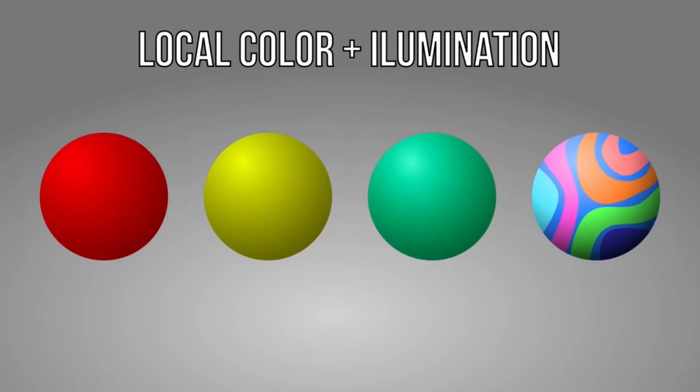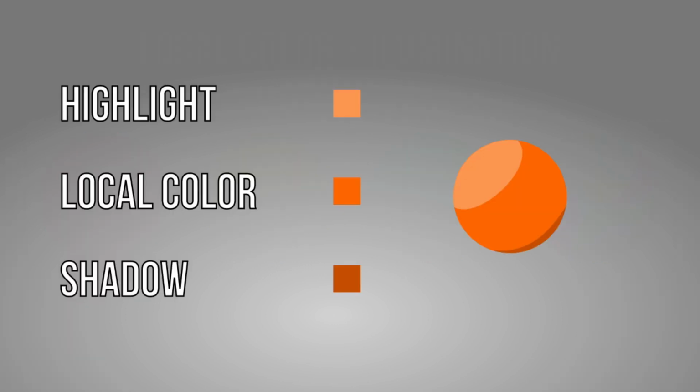Of course, there is more complexity to light and shadow, but for our purposes that's all we need to know for now. So to summarize, a highlight will have the same color as the local color of the object, but lighter, and the shadow will have the same color as the local color, but darker.